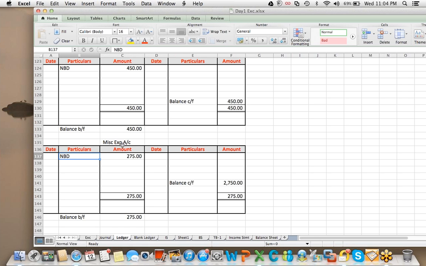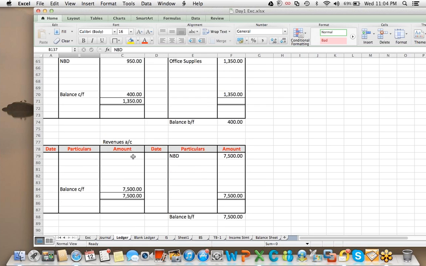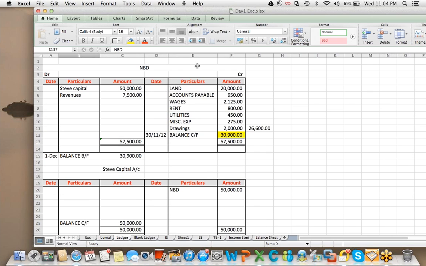Then NBD will be credited with all these expenses. Or else you can write miscellaneous accounts, check number. The total is this much, wages to miscellaneous expenses account. Okay, fine.